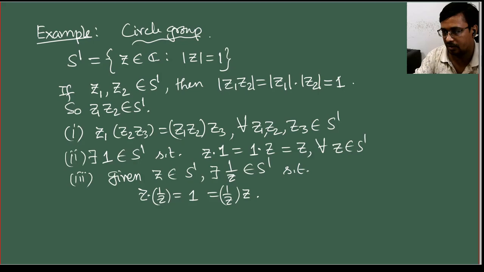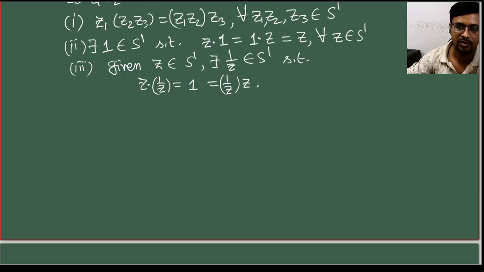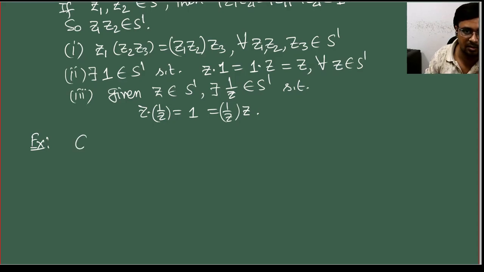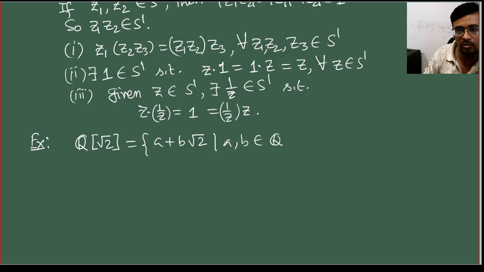Let's see another example. Say you take Q adjoin square root of 2, the set of all a plus b square root of 2 such that a, b belong to the rational numbers.